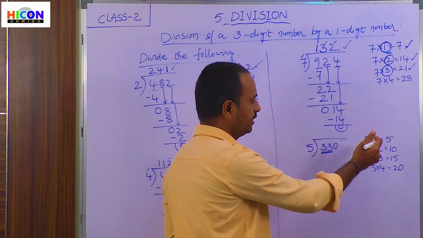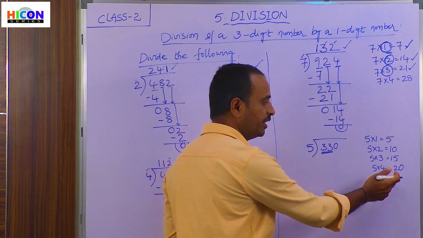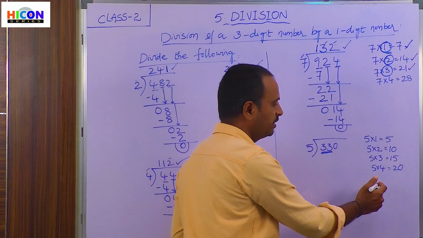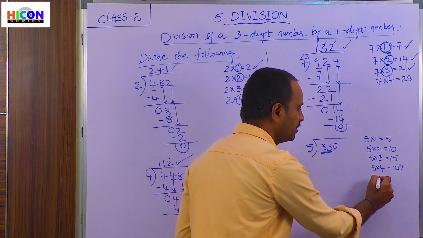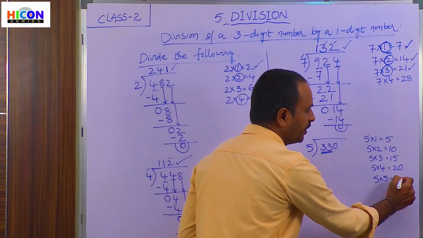Continue to write the table until we get the number 30. Now we have got only 20, so I continue to write the table. Take 5 times. 5 fives are 25.